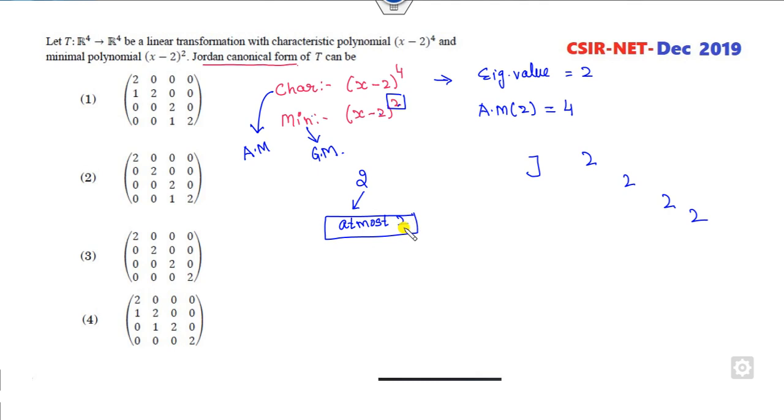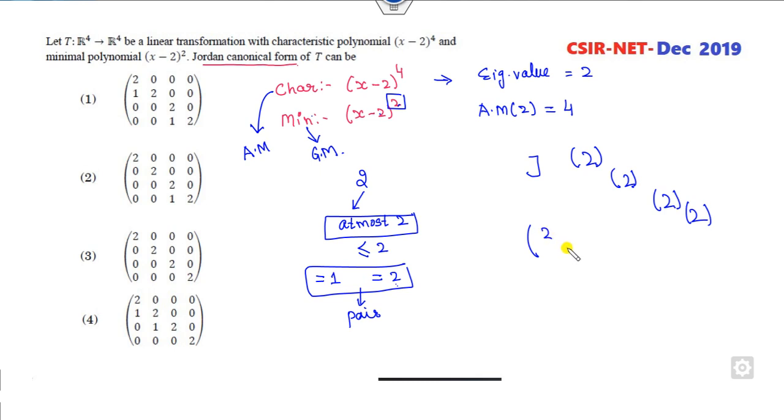It means the block size is either 1 or 2. If I call it 1, what is the meaning of that? 2 occurs only once. 2 means the pair of 2 occurring like this. So firstly we will check which option is not satisfied. So these are the single 2.